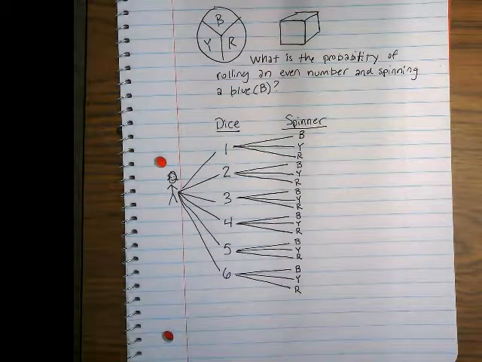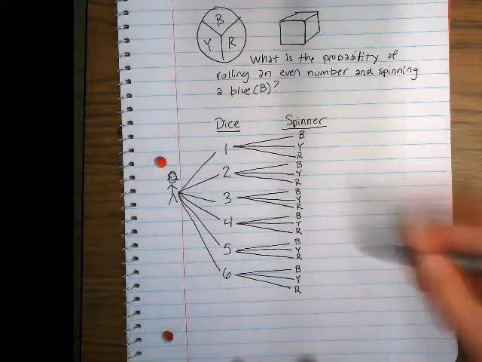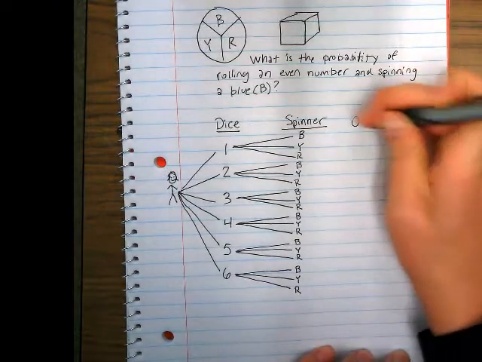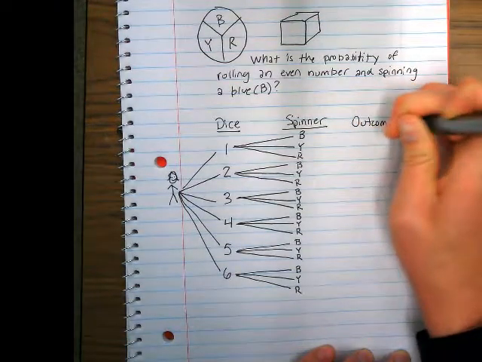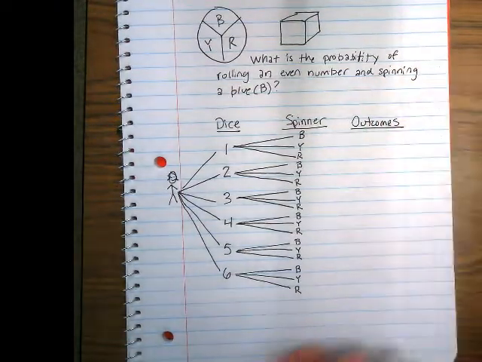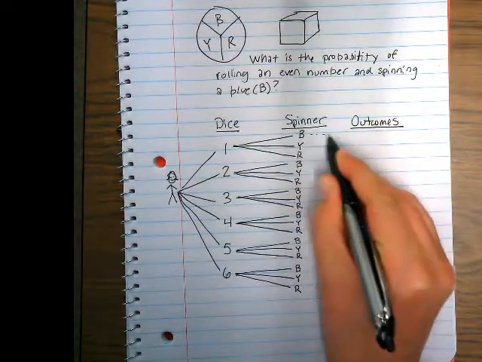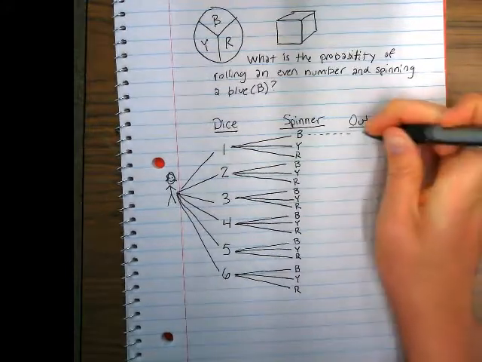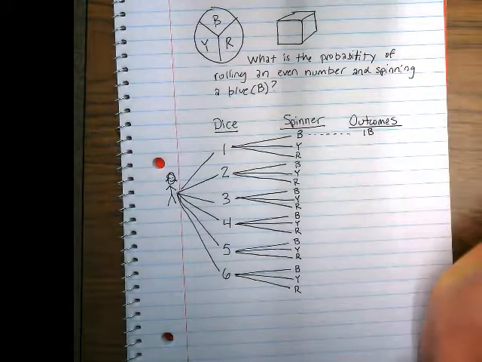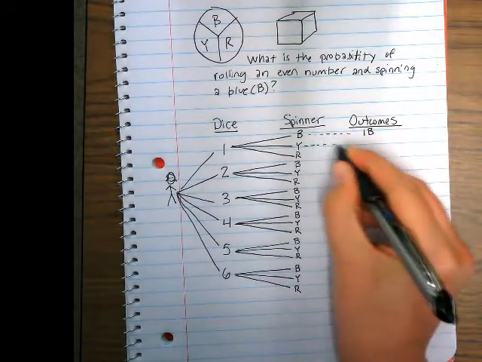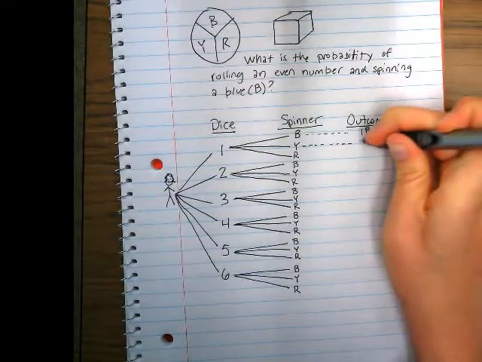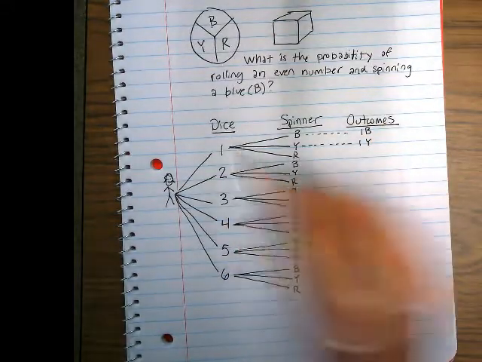One of the last things I want us to do is make a list of those outcomes, like we did in our packets the other day. I want to write down all the possible outcomes. Let's see, I'm going to use kind of a dotted line here. I could have gotten a 1, then blue. I could have gotten a 1, then a yellow.